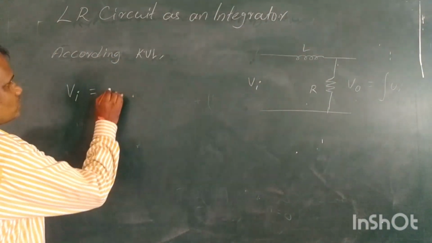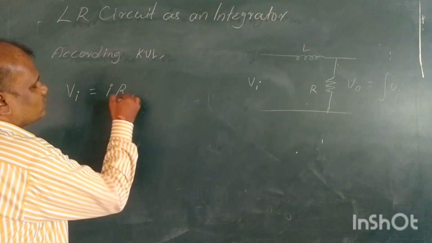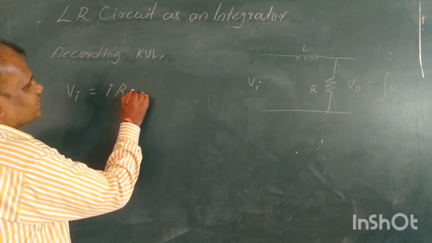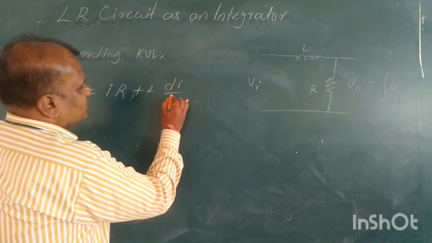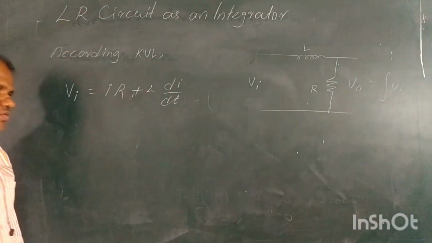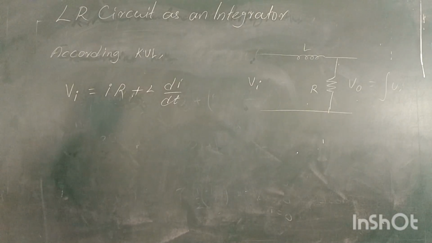According to Ohm's law, the voltage drop across the resistor is V equal to IR, plus the voltage drop across the inductor, which is L di by dt. So this is according to Kirchhoff voltage law, which we have applied to the LR circuit.